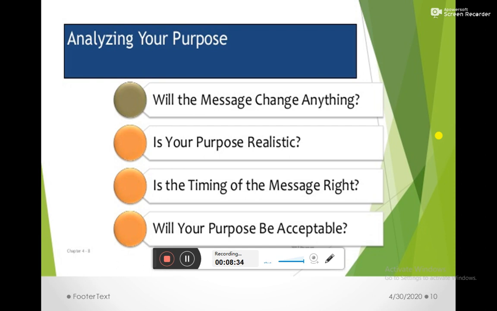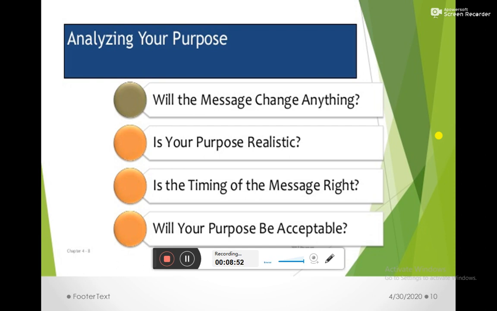The third question: is the timing of the message right? It means, is the time right? People who are busy or distracted when they receive your message are less likely to pay attention to it.